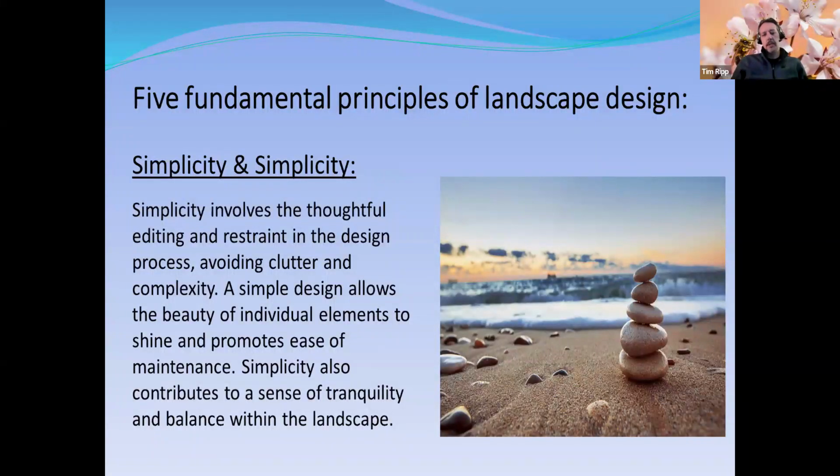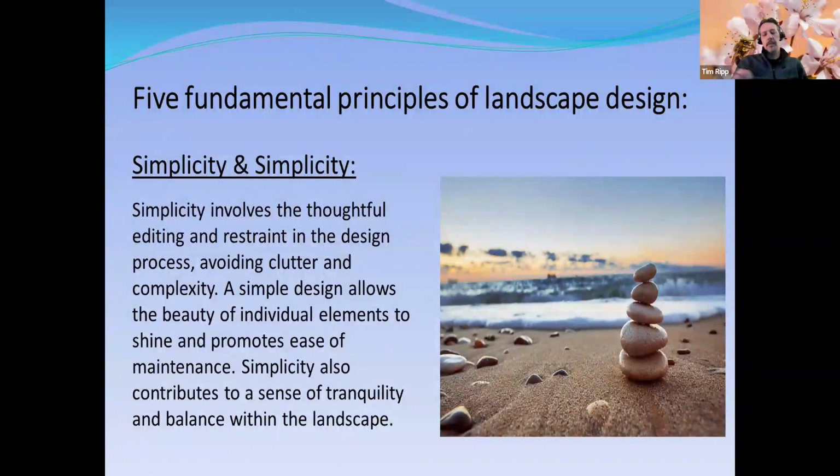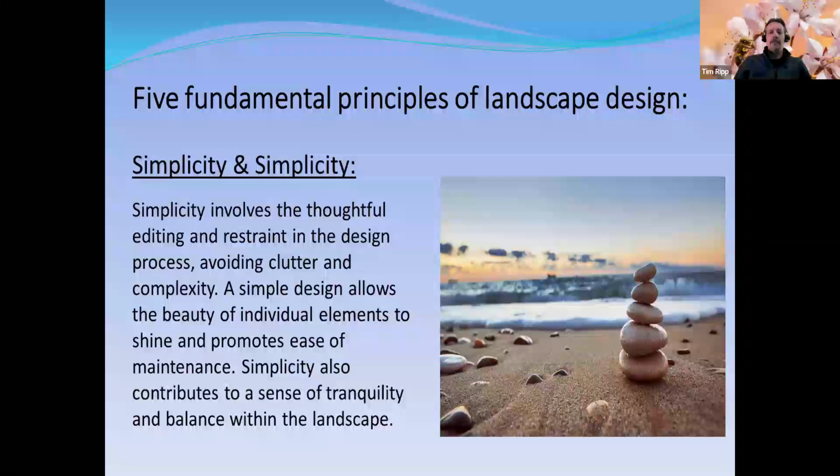You can have large massings of perennial spaces or even annual spaces within the landscape, but if you keep them simple and organized, it reads to your eye, and it ties back into cohesion and makes sense. It creates balance. It gets back to the idea that more is not better. Sometimes less is more.